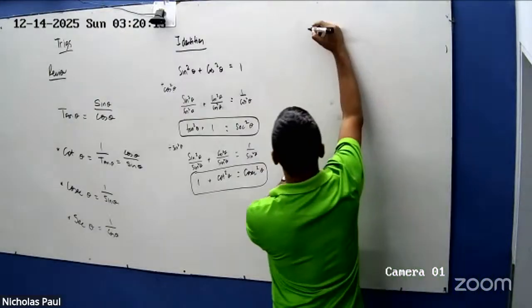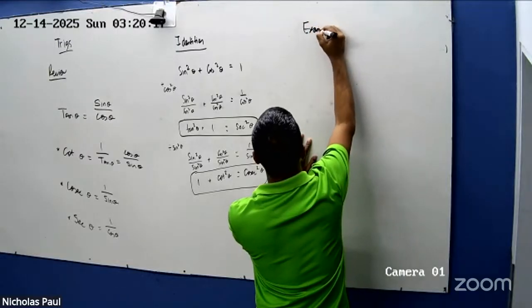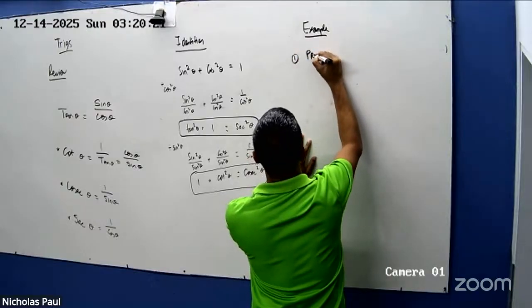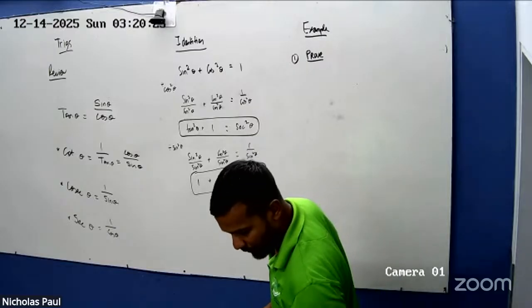Right, so while we have the identities, let's try a few now. This way you get familiar with them.